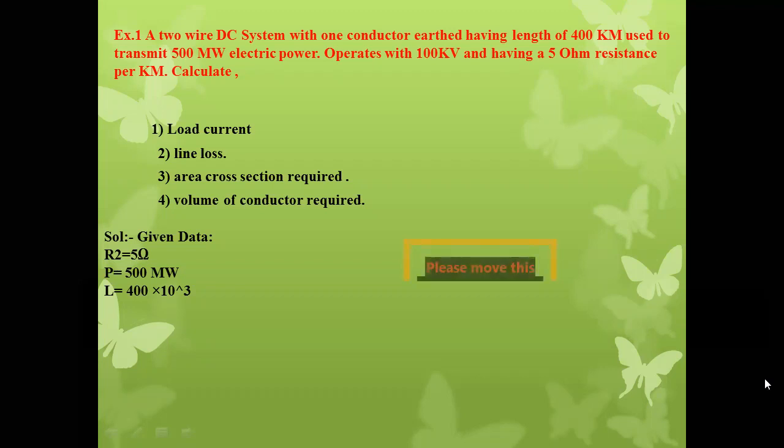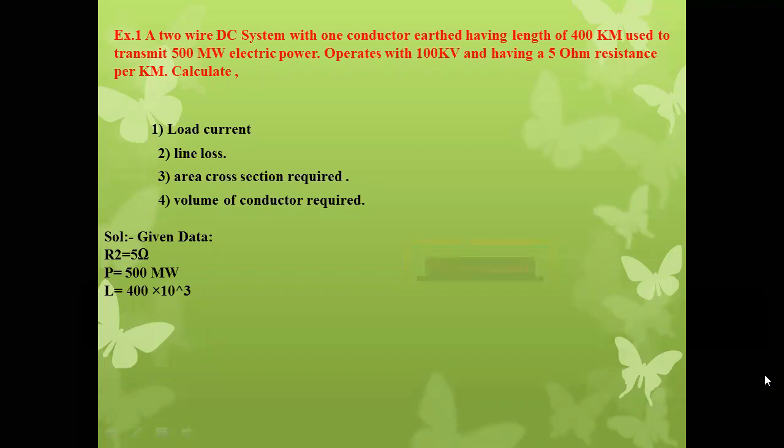Calculation you have to do very fast, otherwise you will not get sufficient time to attempt all questions. So improve your calculation capability. You have to calculate very fast. So calculate it first. Area cross section, tell me anyone.